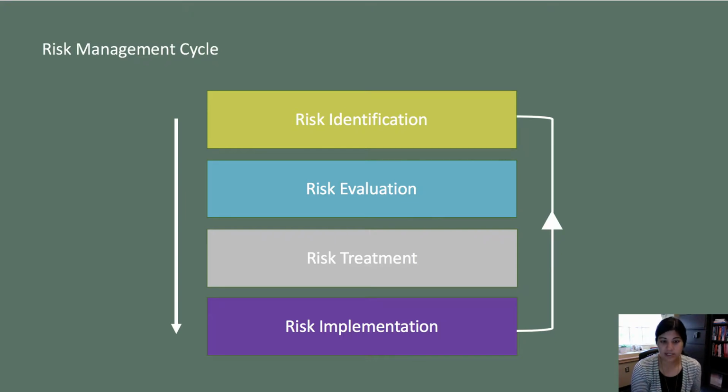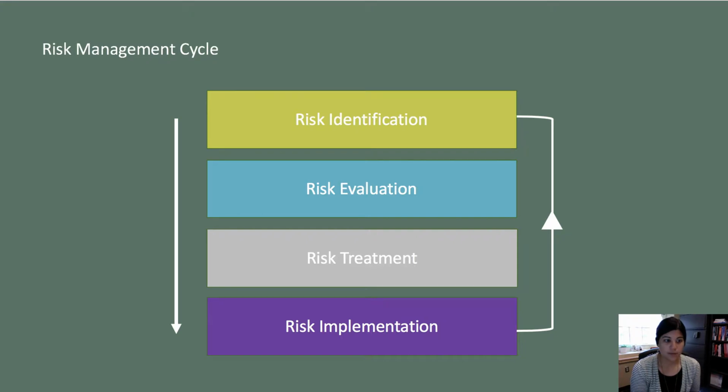There's implementation of managing those risks that have been identified. And then you can see in this model, we go back to the beginning. So this process of risk management is not something you would start on a Monday and finish on a Friday. It's something that is continual and needs updating consistently in order to have effective risk management.